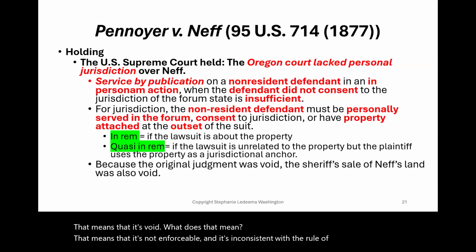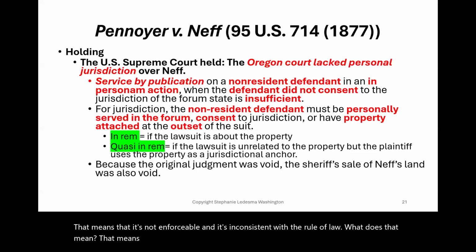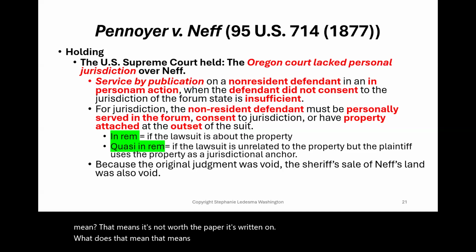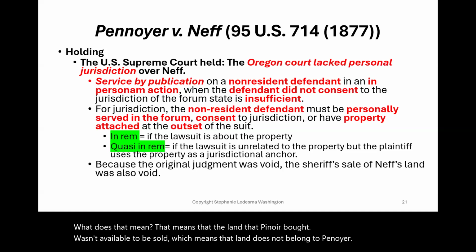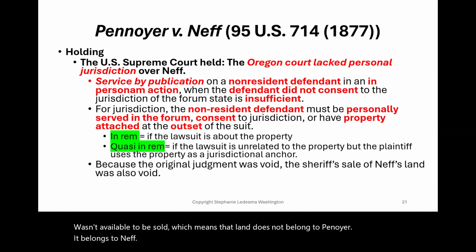What does that mean? That means it's not worth the paper it's written on. What does that mean? That means that the land that Pennoyer bought wasn't available to be sold, which means that land does not belong to Pennoyer. It belongs to Neff. Okay?